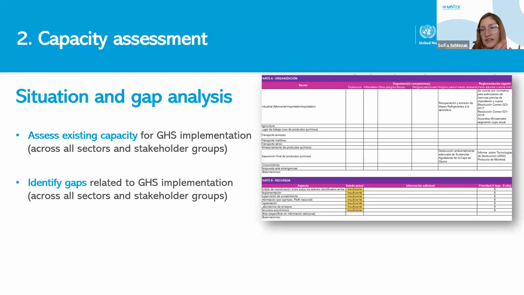And this spreadsheet is divided into the different hazards, and there are some fields to complete if they have regulation or not, and for assigning priority regarding the different resources available, if they are sufficient, insufficient, and additional comments that they would like to include.